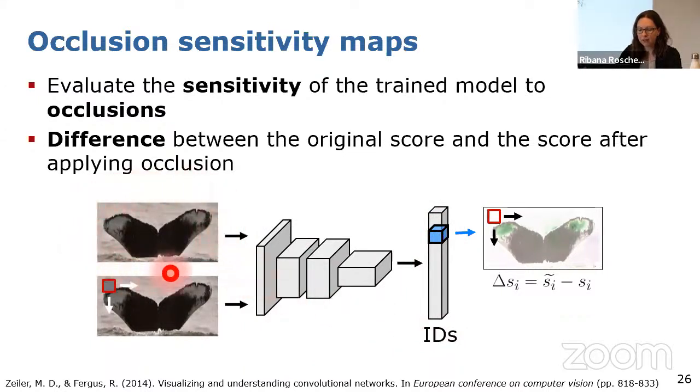Then you have an input image which you want to analyze. You define a patch here, and you slide the patch over the image and occlude specific parts in the image. So you have the score before the occlusion and the score after the occlusion, and the occlusion sensitivity is nothing else than the difference. So very easy.